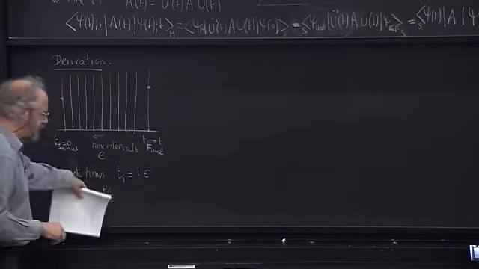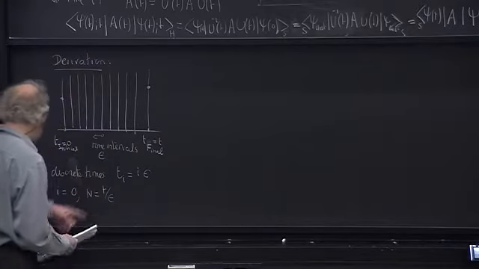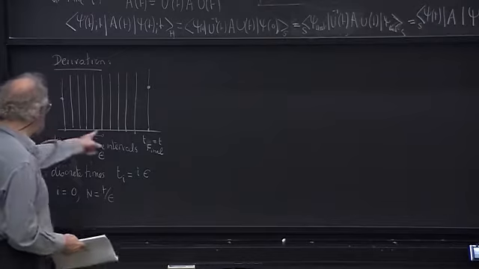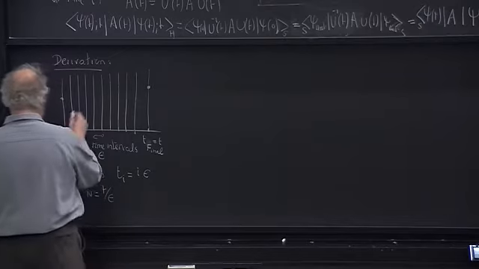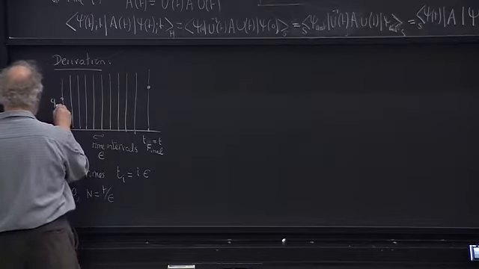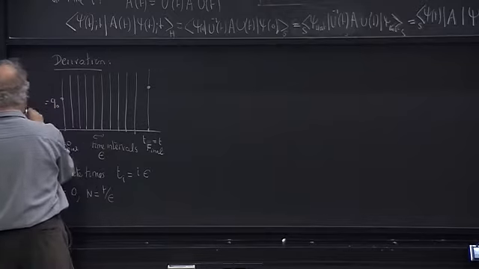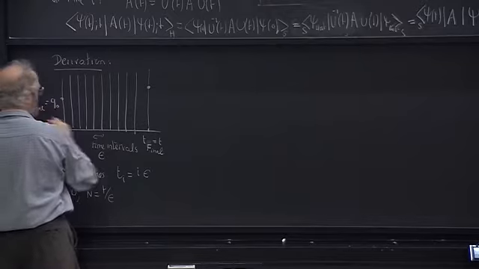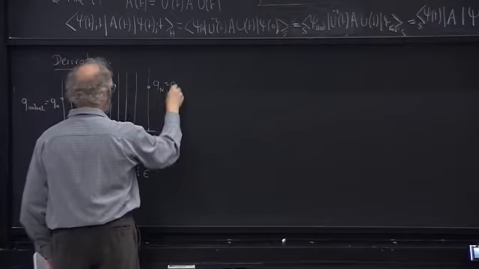And let's assume that t divided by epsilon is an integer. Okay, so we have discrete times. And so we have q_0, which is the initial point, and q_n, which is q final.